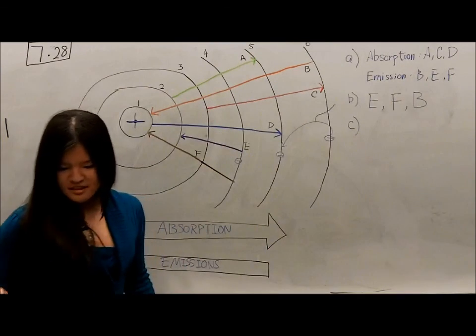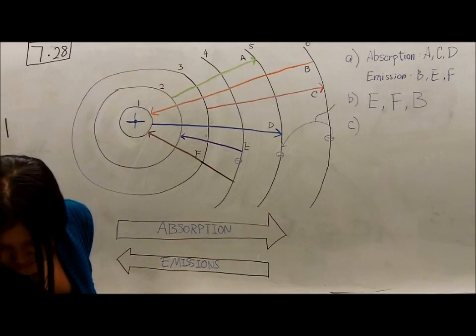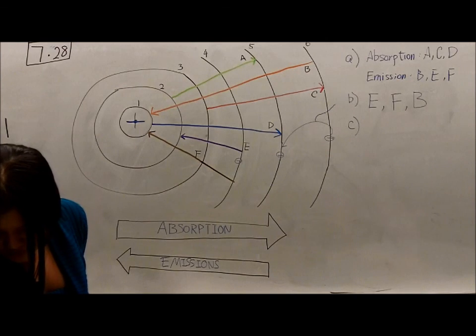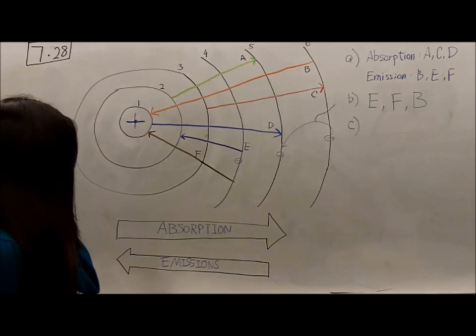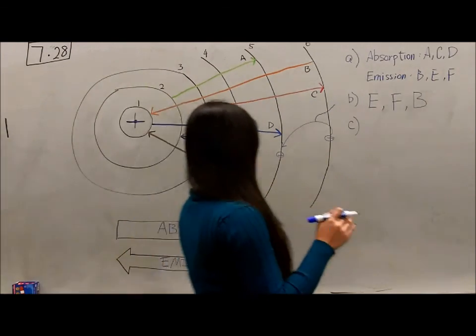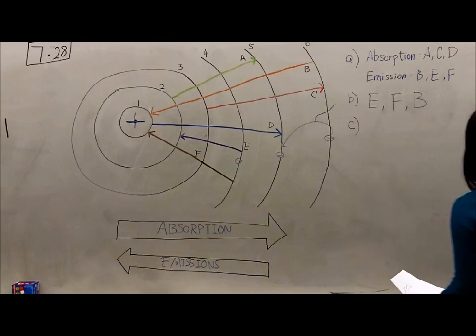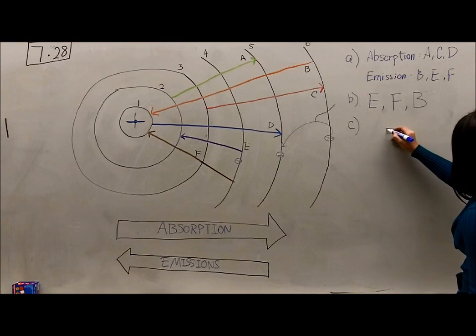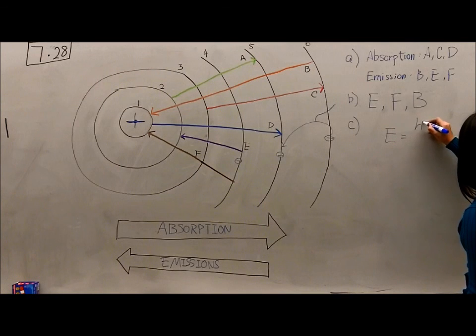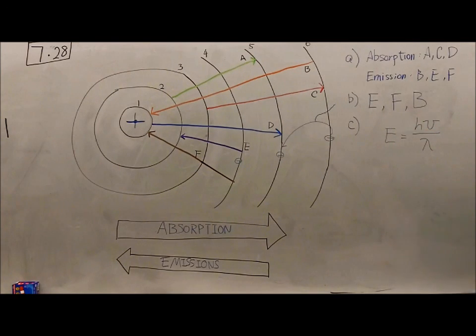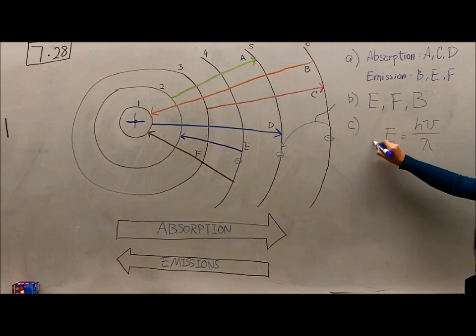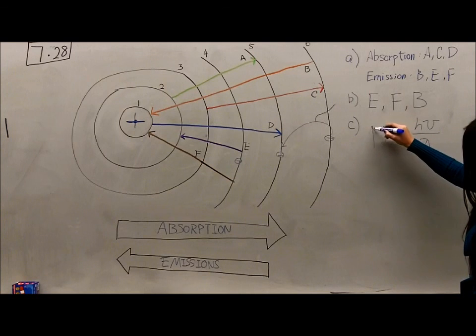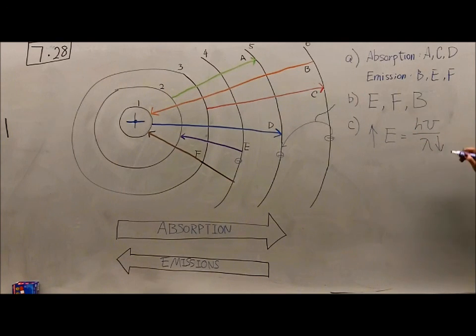Okay. Part C asks, rank the absorptions in terms of increasing wavelength of light emitted. For this question, we have to think about the equation E equals hc over lambda, where lambda is the wavelength. With this relationship, you can see that the higher the energy, the shorter the wavelength. They have a reciprocal relationship.